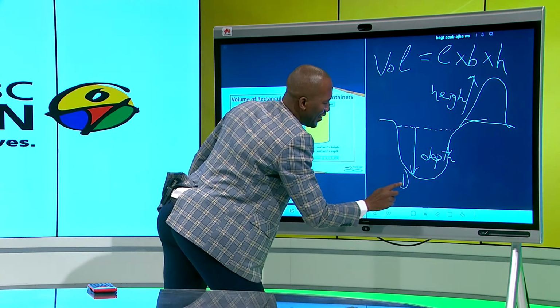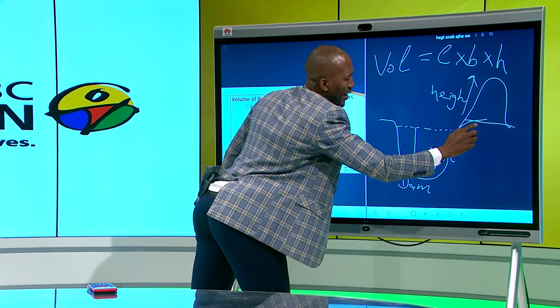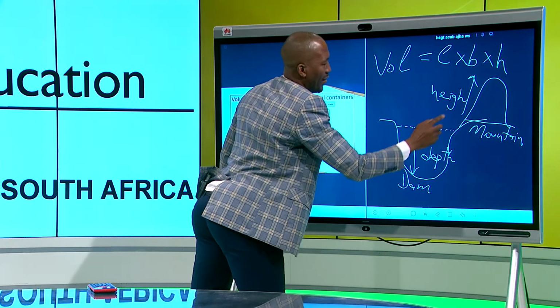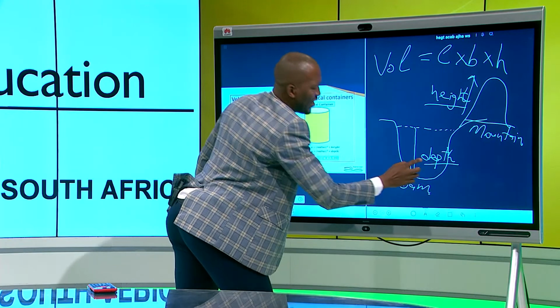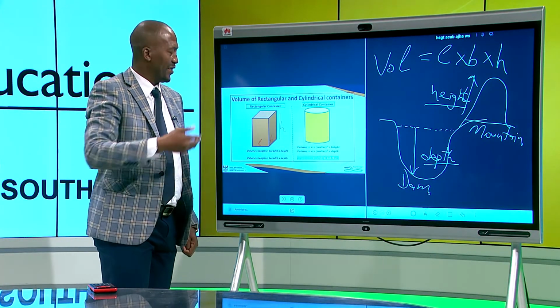If this one is a river dam, or a dam, and this one is a mountain, the language for the concept will just change. So it is a similar concept, only different naming there.